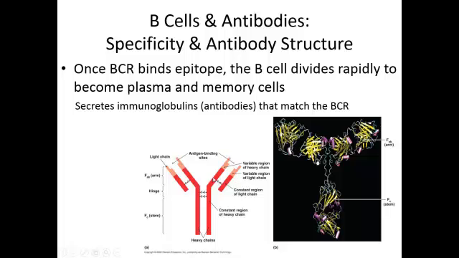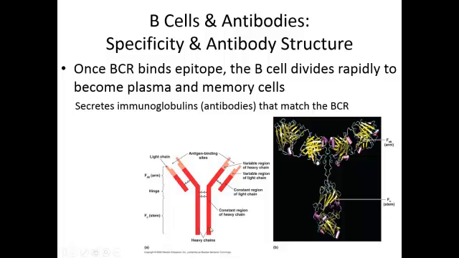And this part of the heavy chains and this part of the light chains contribute to the antigen binding sites, or the variable region. This binds the same epitope that the BCR variable region bound. This makes the antibody very, very specific for a particular antigen, or more specifically, a particular epitope on the antigen.